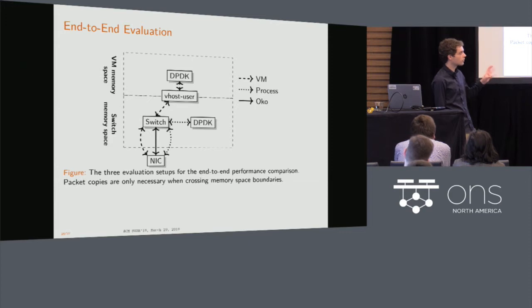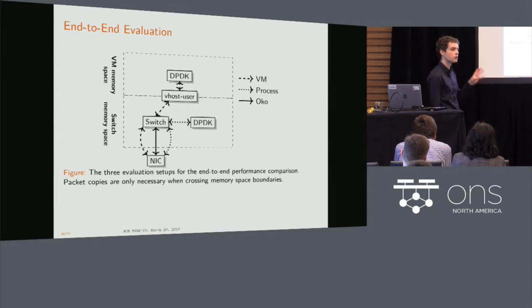So here in the paper, we compare with both a VM and a separate process. And here I'm only going to explain the separate process case because it's more comparable in terms of isolation. For the separate process, we have a DPDK application running with a shared memory with a software switch.